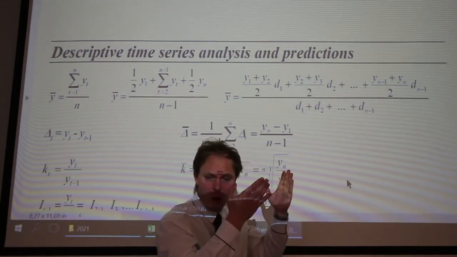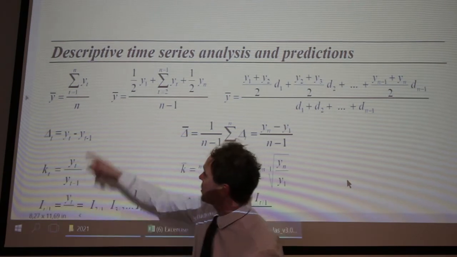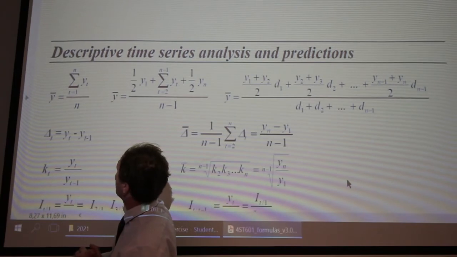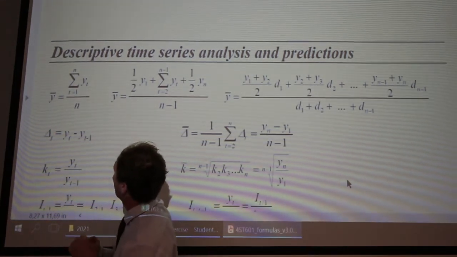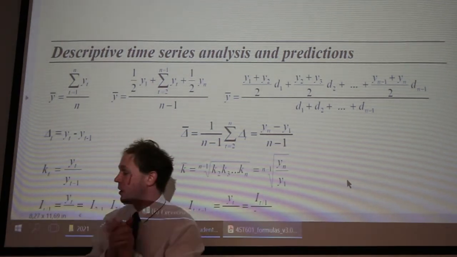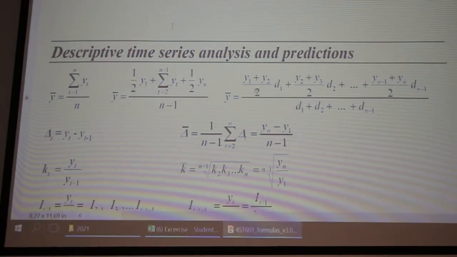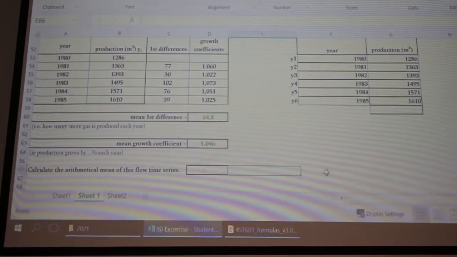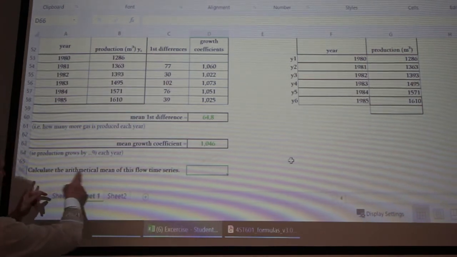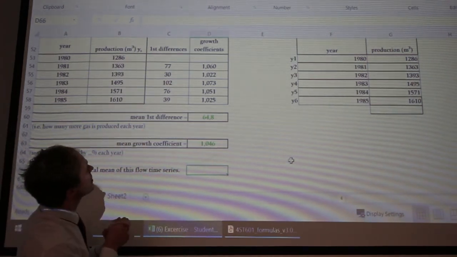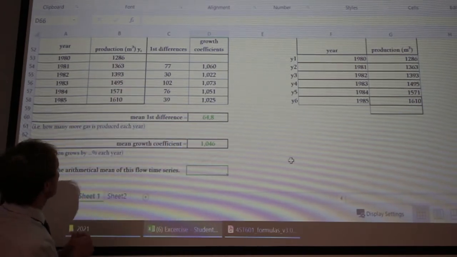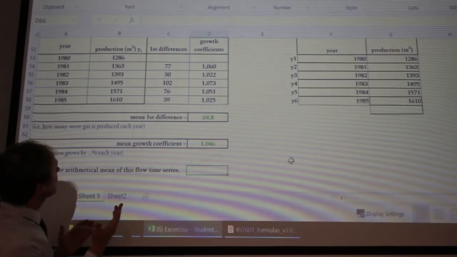Okay, but now we have only a flow time series, so I will use this first one, where you can see it's a simple summation of all values in our time series, divided by the number of observations. So I will use Excel and calculate the arithmetic mean of this flow time series. It's necessary to calculate the summation of production, in cubic meters, divided by the number of observations.